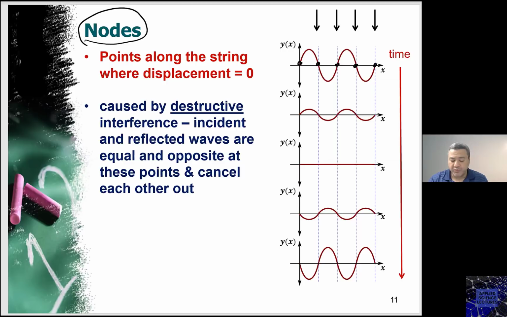They don't move, as if they're tied to the x-axis, they have zero displacement. This is happening because of the constructive and destructive phenomena that we talked about, but those nodes are always zero because they represent the destructive points for the incident and reflected wave.